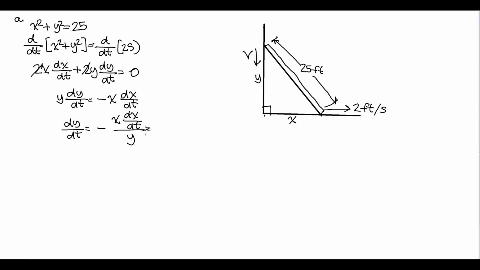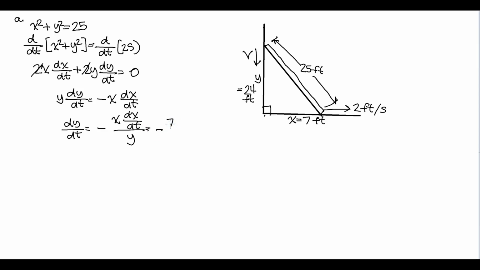The base we said was 7 feet from the wall. What is y? I could use the Pythagorean theorem, and if you're really good, you might see it as a Pythagorean triple, and we get 24 feet. So y is 24. So you have negative 7.